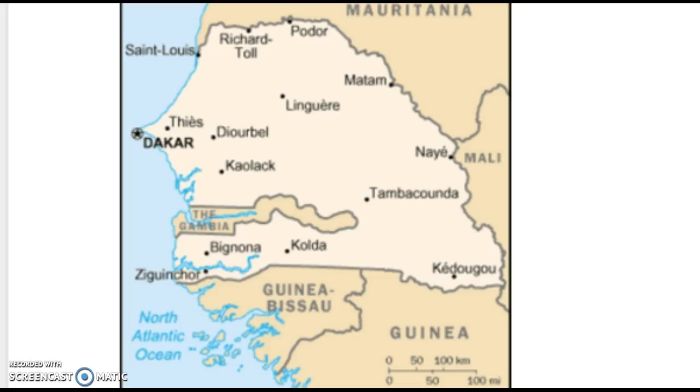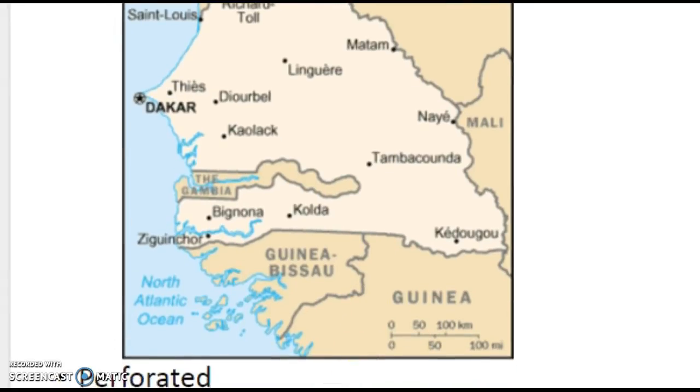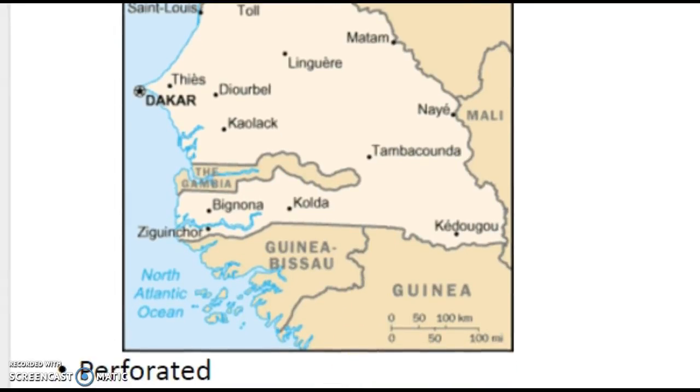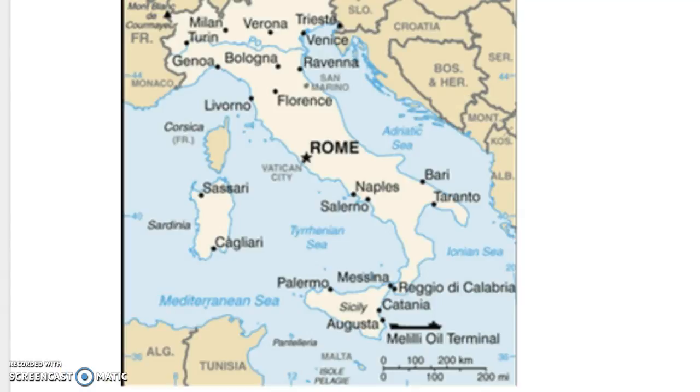All right, here's another one to take a look at. Analyze the state shape and see if you can classify it as elongated, prorupted, compact, fragmented, or perforated. The correct answer would be perforated. All right, got another one on the screen, which is Italia, Italy, the country shaped like a boot.